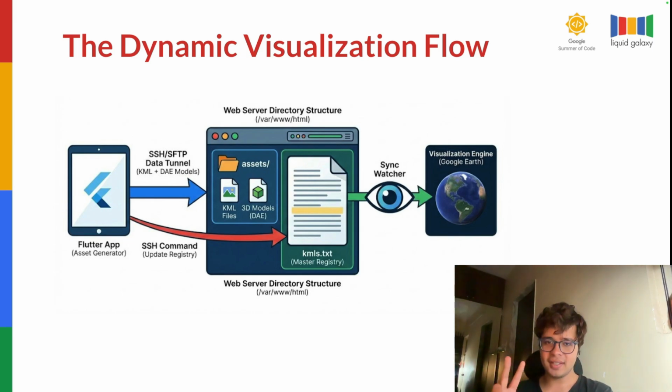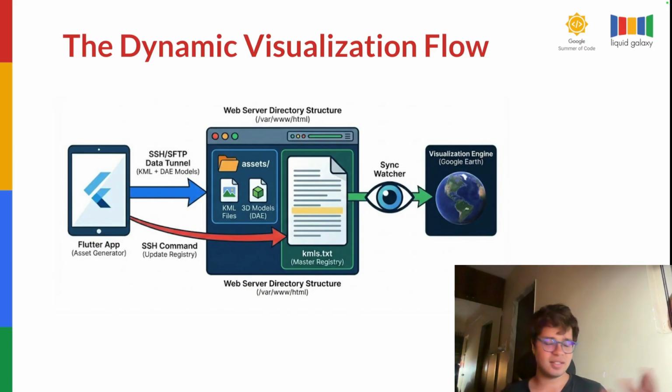Now, there are two things happening here. First, using SFTP, the app uploads the required assets like the KML and the 3D model file, that is the .dae file, into the Liquid Galaxy web directory, which is /var/www/html. Second, the app then sends an SSH command to update the kmls.txt file.